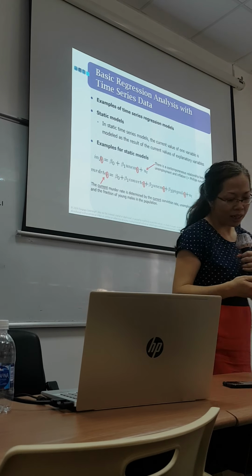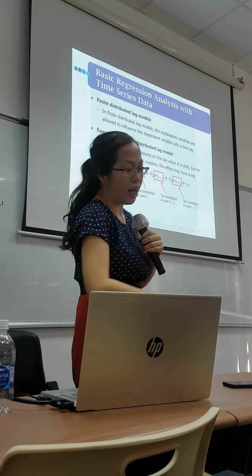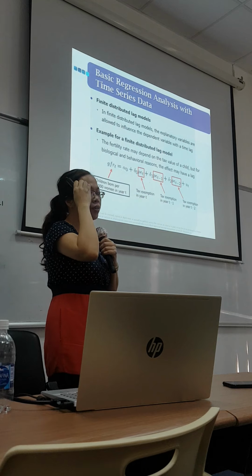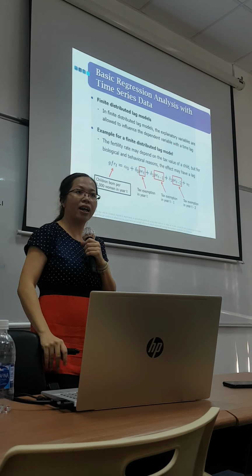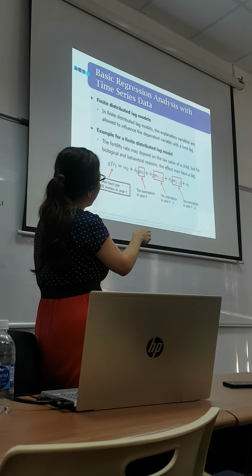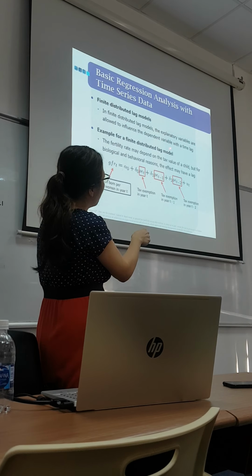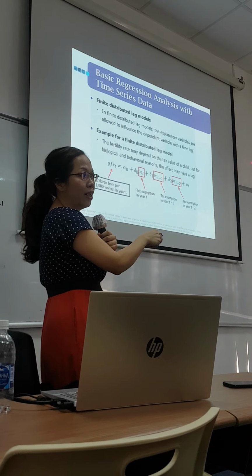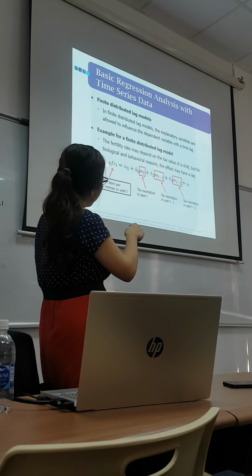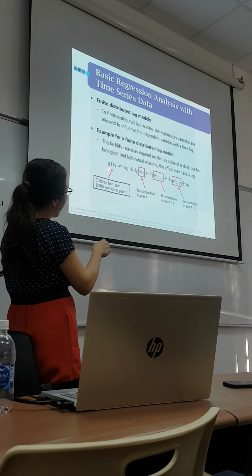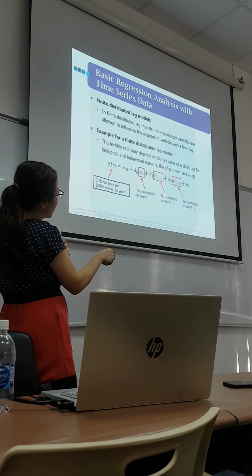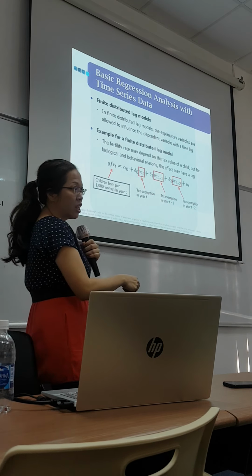That's the second one here: the finite distributed lag models. In the finite distributed lag model, the explanatory variables are allowed to influence the dependent variable with a time lag. In this example, they study the fertility rate, children born, and the effect of the tax exemption of previous years.